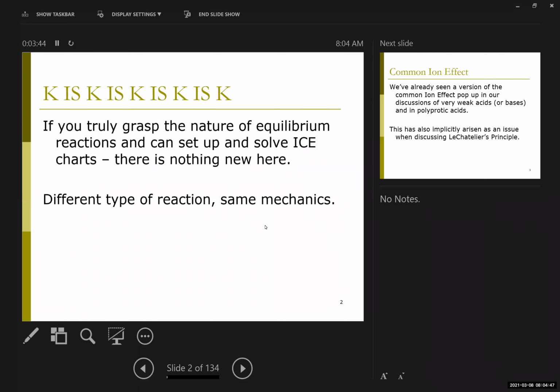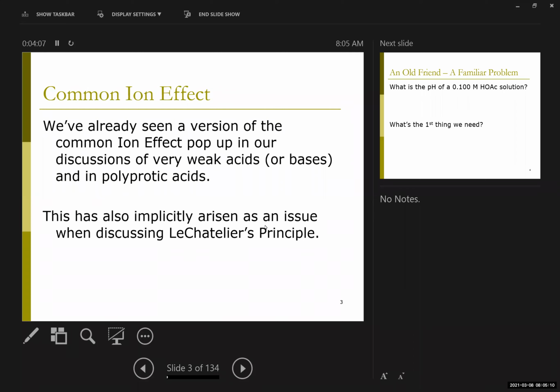As I'm fond of saying, K is K is K is K, all equilibrium problems. That doesn't really change. What will change is the number of possible reactions I have, because if I have more acids and more bases, I have more possible acid-base reactions.